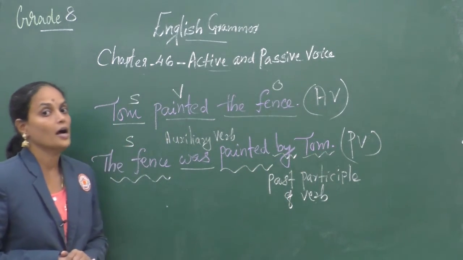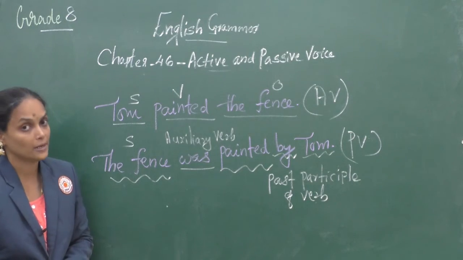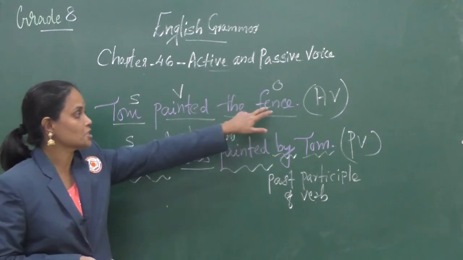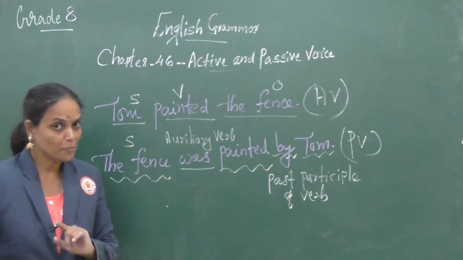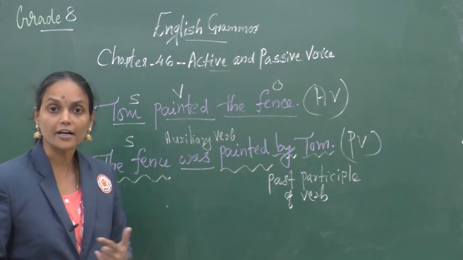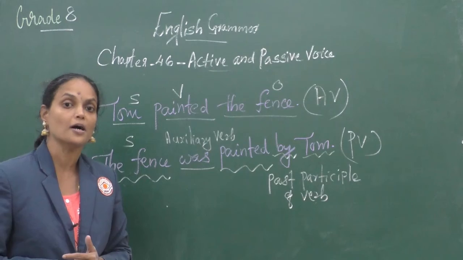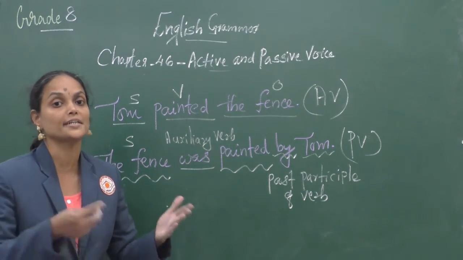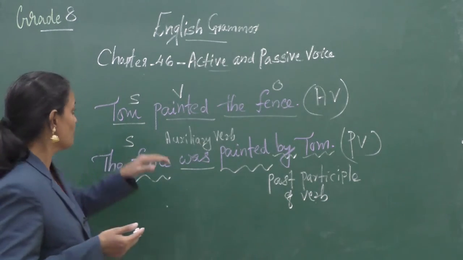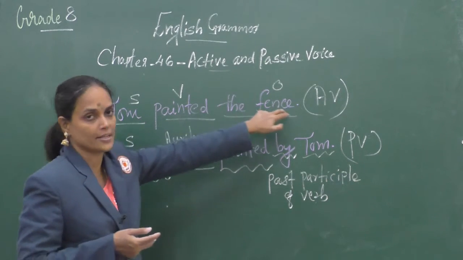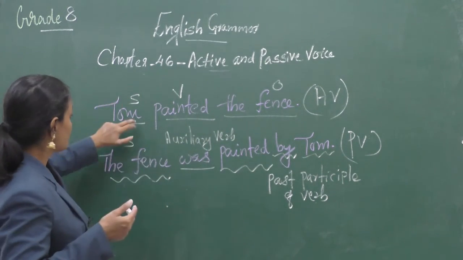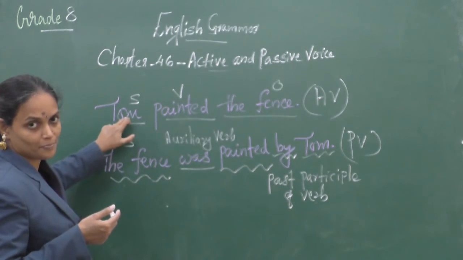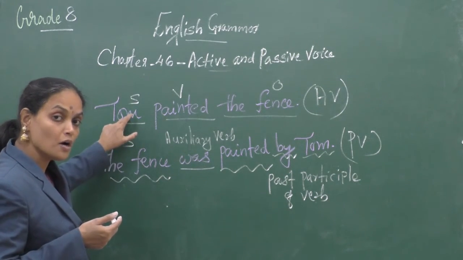As I told you, a passive voice sentence normally starts with the object of the active voice. And one more thing, the verb talks about the action done by the subject. Do you remember? Tom painted the fence. Here the verb painted tells you the action done by the subject Tom. Right? What did Tom do?